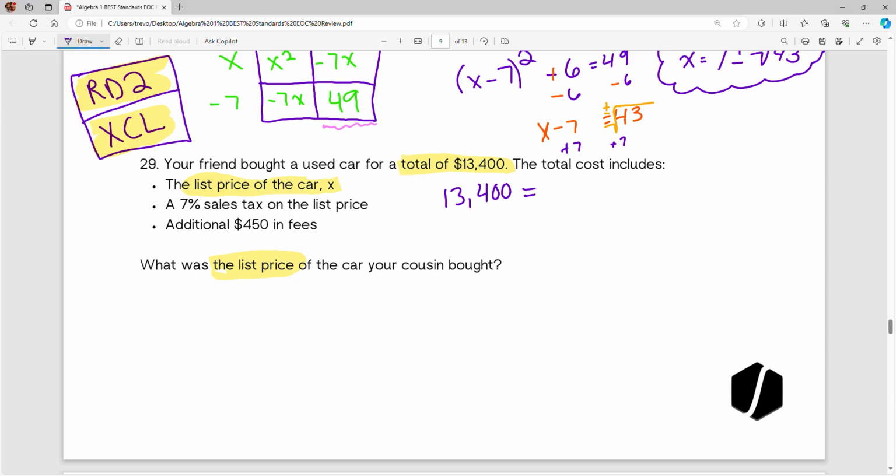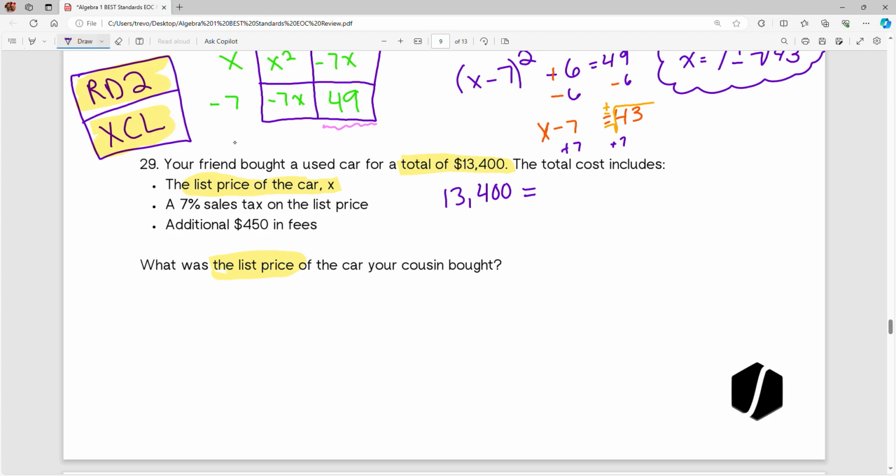Is the equal sign. So $13,400 is the list price of the car, which got charged a 7% sales tax only on the listed price, and an additional $450 fee.